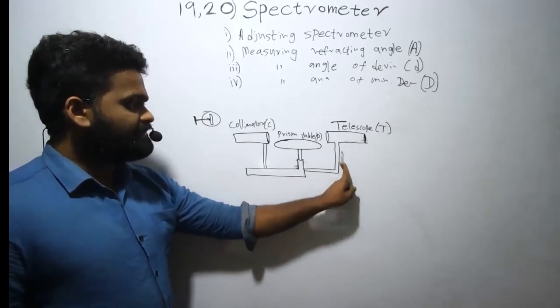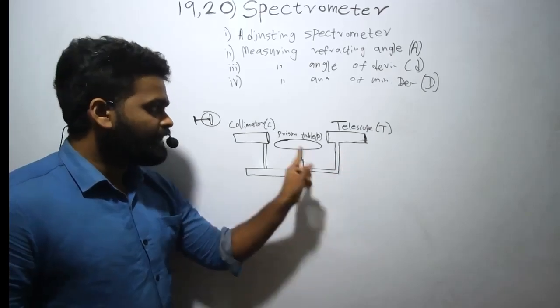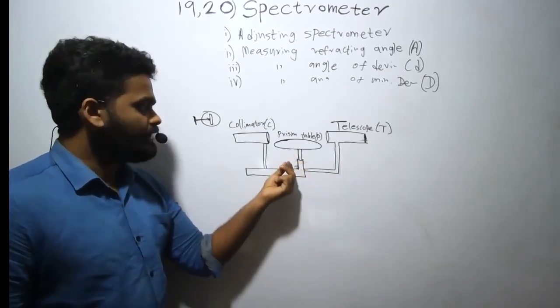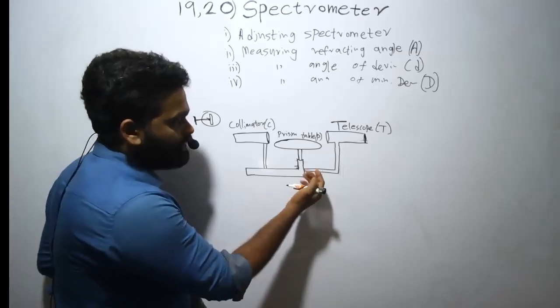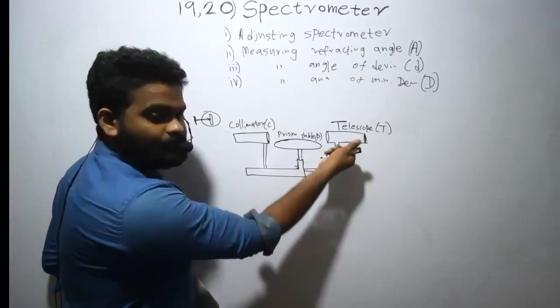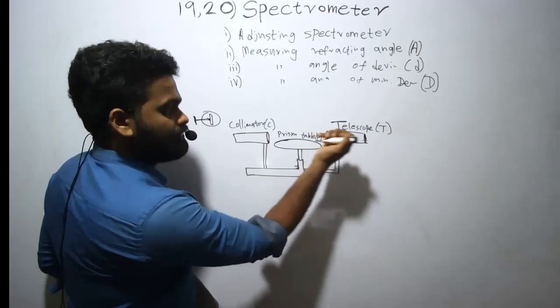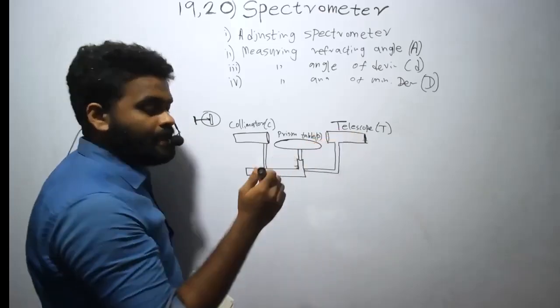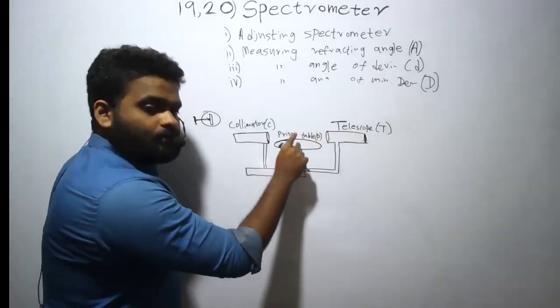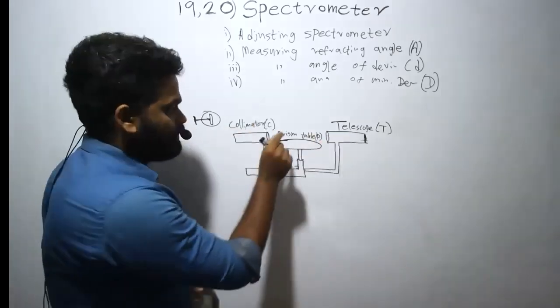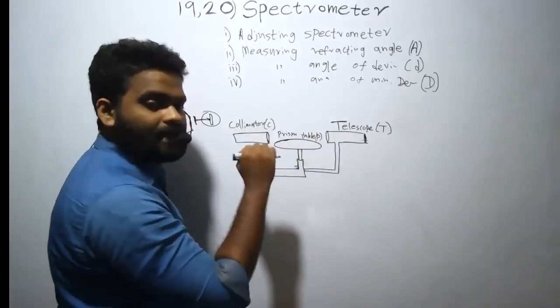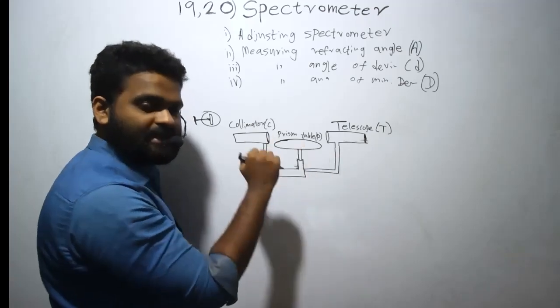Besides these, there are screws attached here. For example, you can rotate this telescope around the prism table. The prism table also can be rotated independently from the telescope.